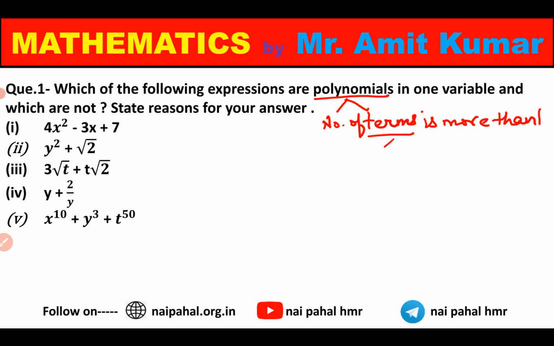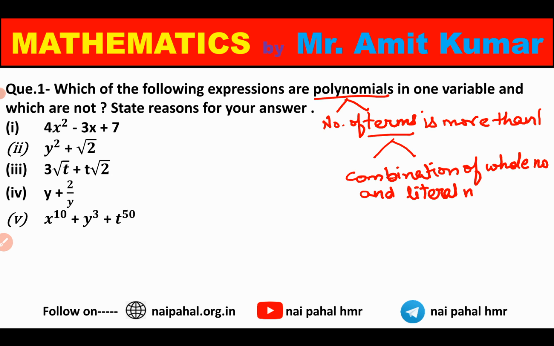What is a term? A term is a combination of a whole number and a literal number. As you know, whole numbers start from 0 and literal numbers are from A to Z.